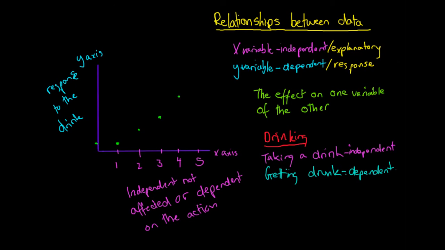And 5 drinks, maybe we'll be passed out on the floor somewhere. But as we increase the number of observations of our independent variable, i.e. as we have more drinks, there's going to be a response in this dependent variable and we're going to get drunk. So that is an explanation between independent and dependent variables.